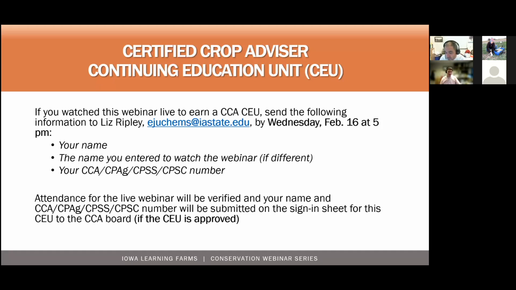Just because those offices may not have a program, don't count out groups like Pheasants Forever, because they do at times have some cost share to help with the seed cost or the establishment cost. So it may be a one-time, so to speak, up-front cost sharing versus the land payment over the long term.